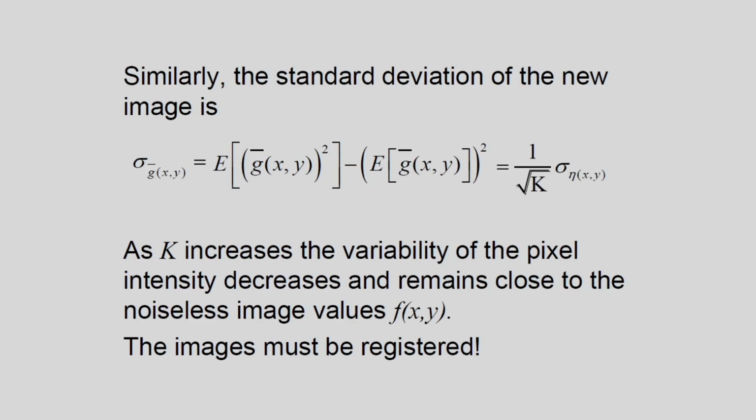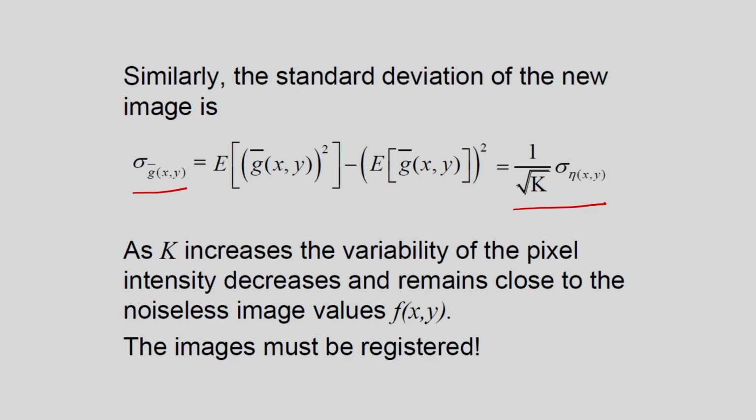And also I can determine the standard deviation of the new image. So this is the standard deviation of the new image, and ultimately if I do this calculation, you can see it is 1 by root k times sigma eta(x,y). So if I increase k, what will happen? k means the number of images.